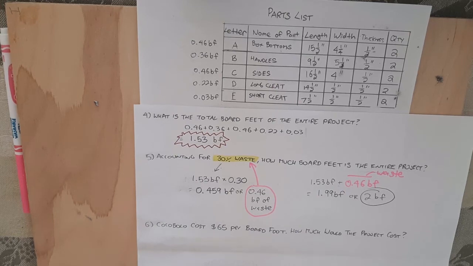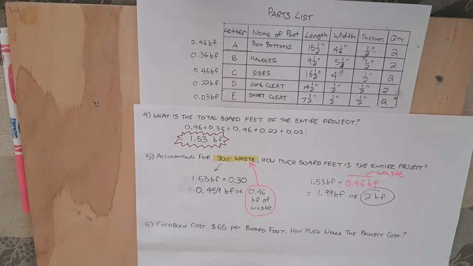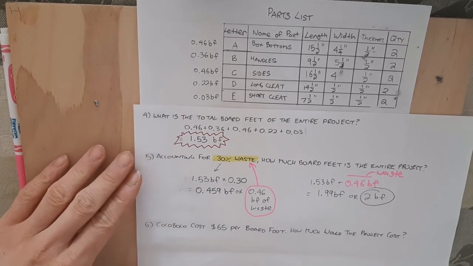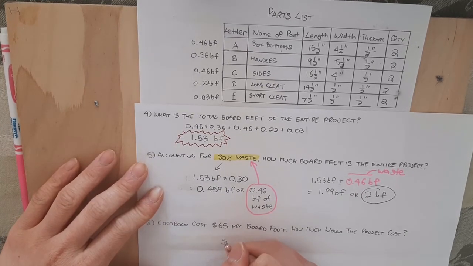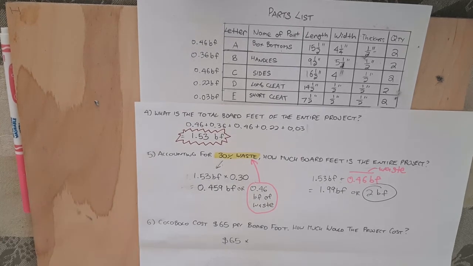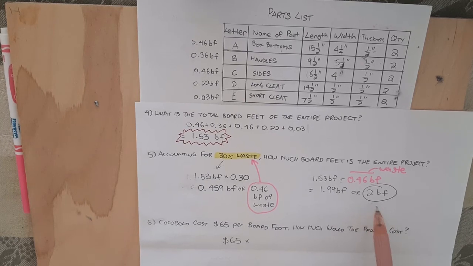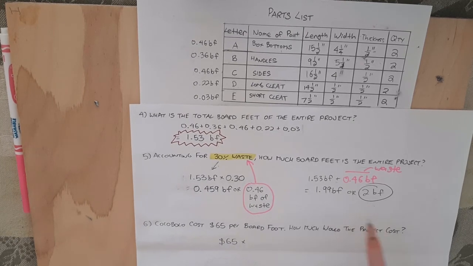Now my client, Jimmy, wants this entire tray made out of Cocobolo. He's obsessed with Cocobolo. And that costs $65 per board foot. And so to figure out the cost, I would take the cost, which is $65 per board foot, and multiply it by the board feet needed for the project. And again, when you're picking the two numbers, you should definitely pick the one that accounts for the waste.